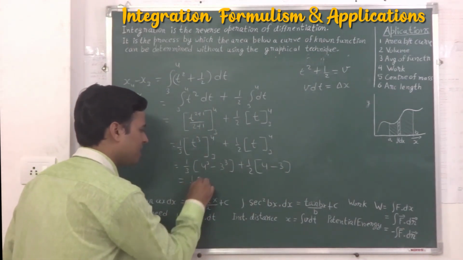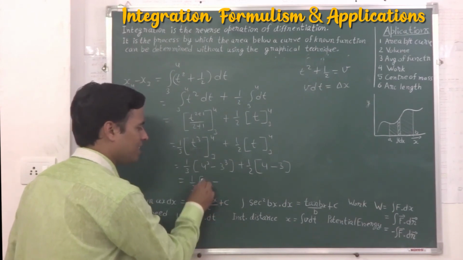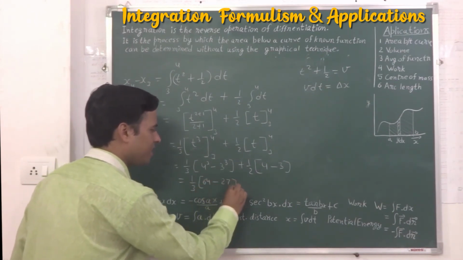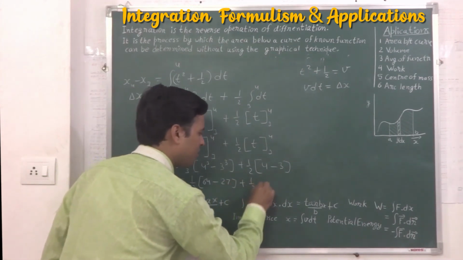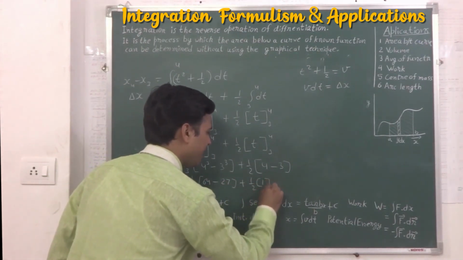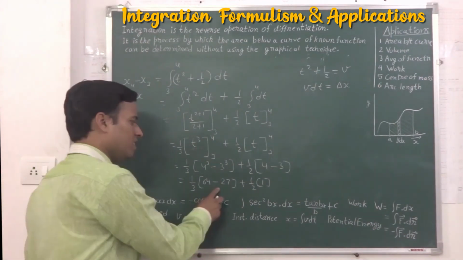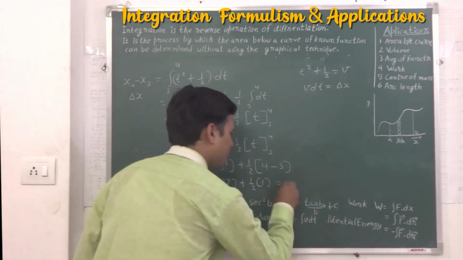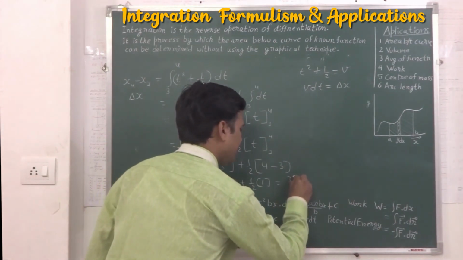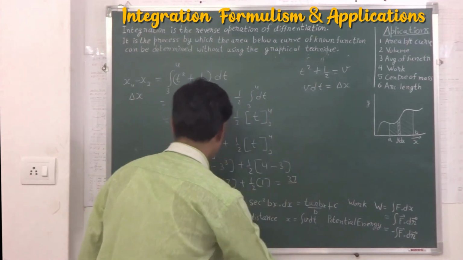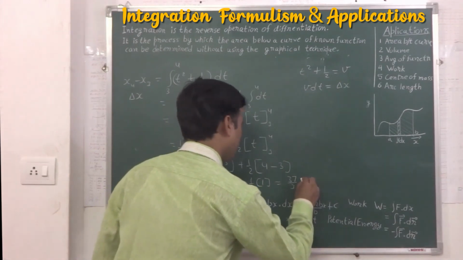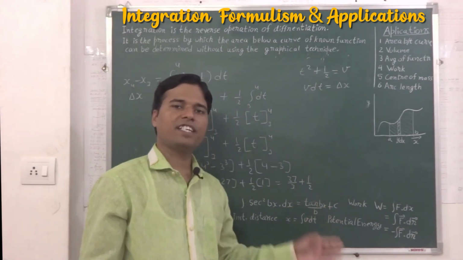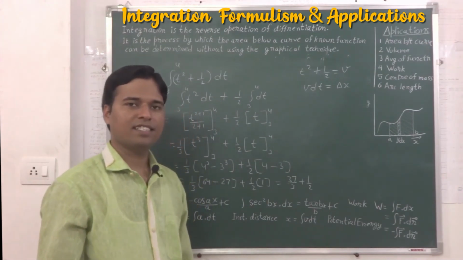That is 1 by 3 times (4 cube is 64, minus 3 cube is 27) plus 1 by 2. 64 minus 27 is equal to 37 upon 3 plus half. After the simplification, you got your answer.